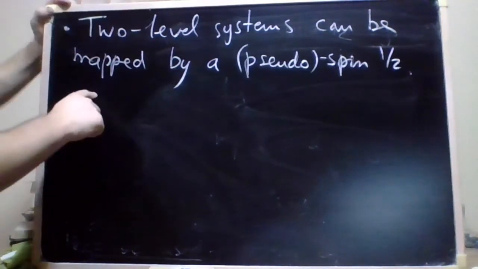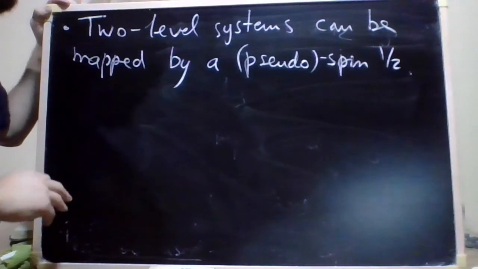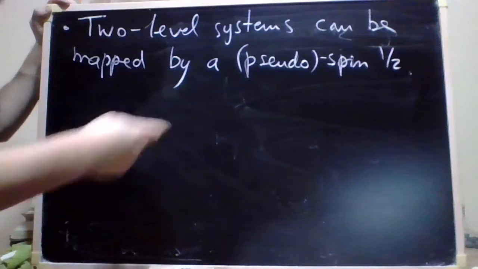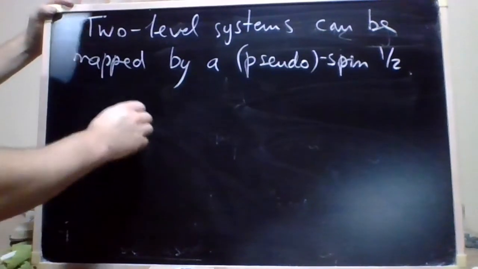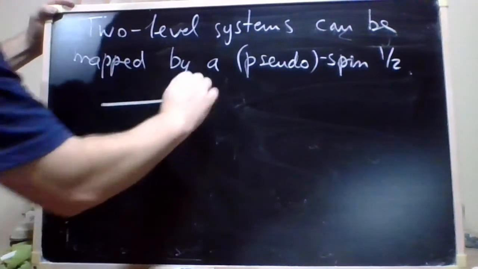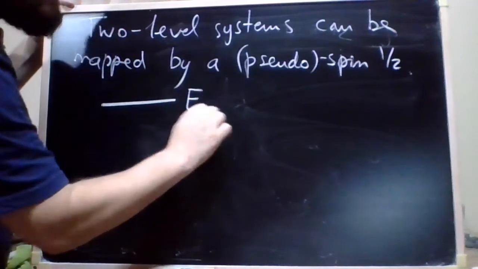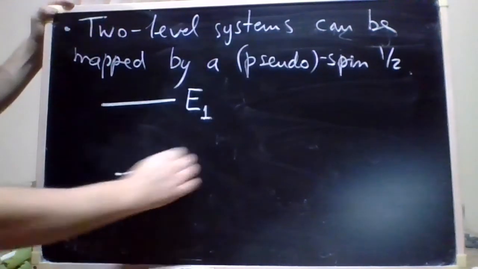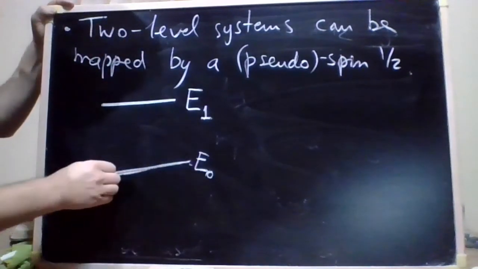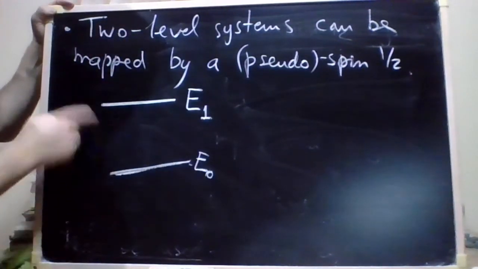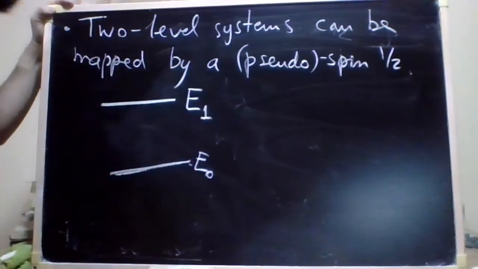As an example, you need eventually to put more ingredients to that, but a two-level laser, when you have an upper energy state, say E1, and a lower energy state, these two levels can be modeled as a spin half system, right?